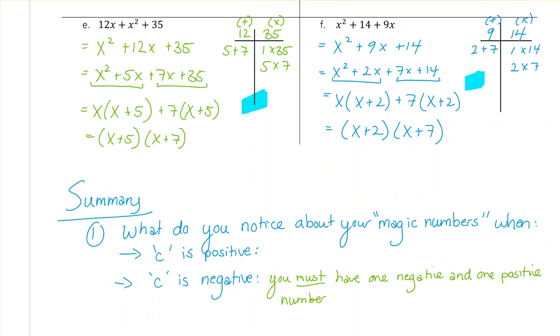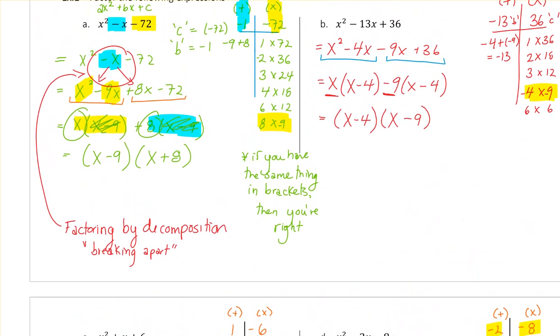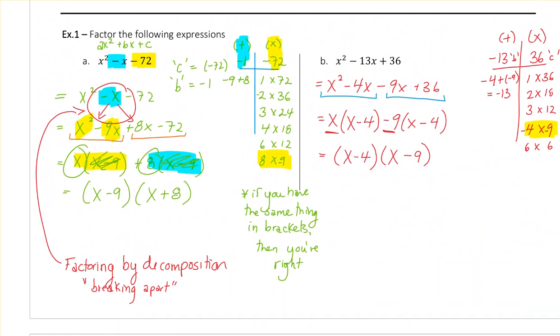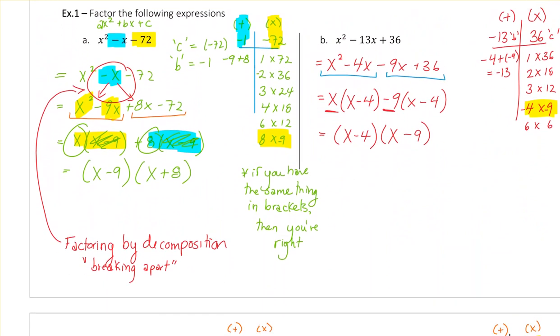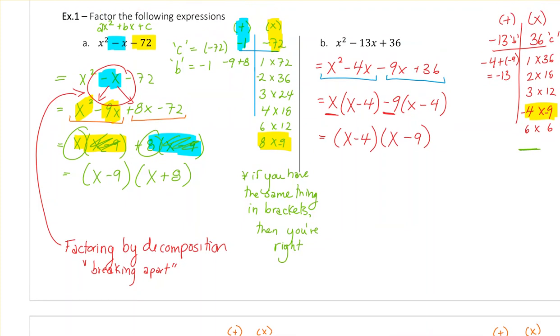So when you're choosing those, one has to be positive, one has to be negative. Now, when it's positive, so you have here positive 35 and here positive 14, you notice that both the values you chose were positive. So they're both the same sign. But what about our second example here? Looking at 36 and negative 13. Well, our C value is positive, but the two factors we chose were negative 4 and negative 9.